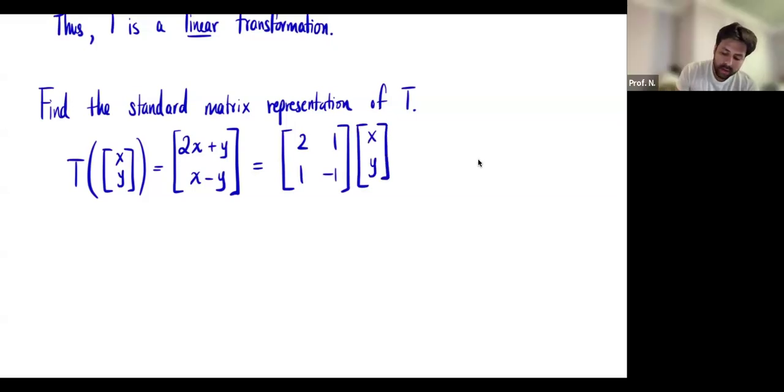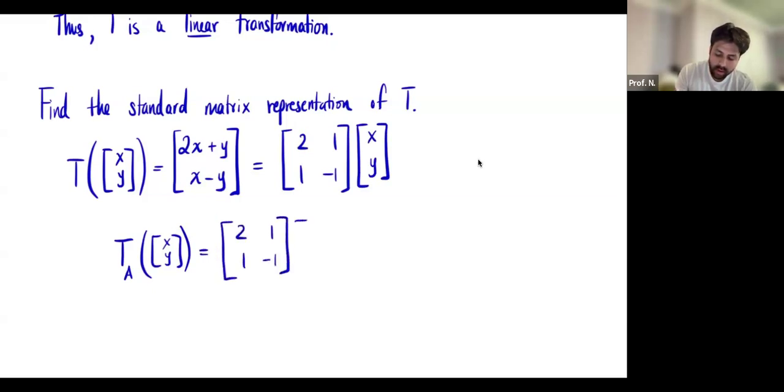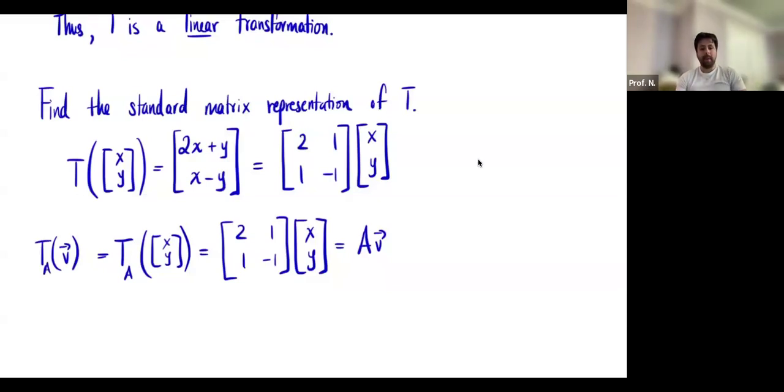So now once you do this, you can write this as A, T of A, where A is my matrix. My matrix is A. A is 2, 1, -1, -1. And there you have it.